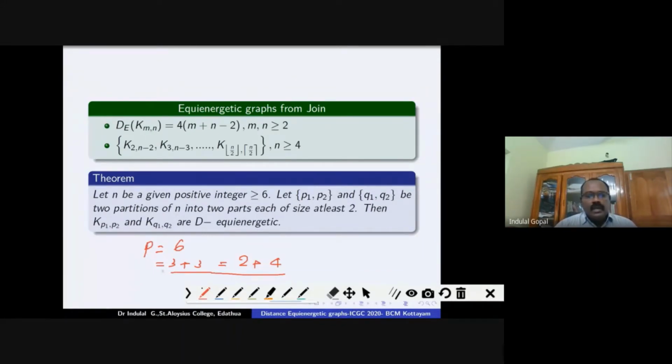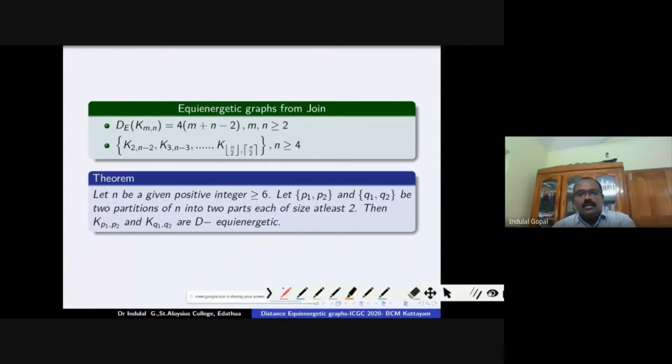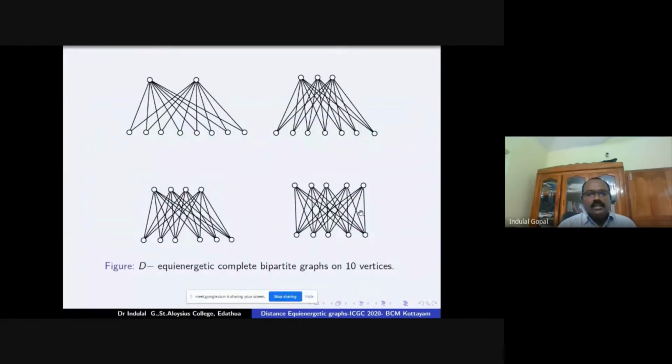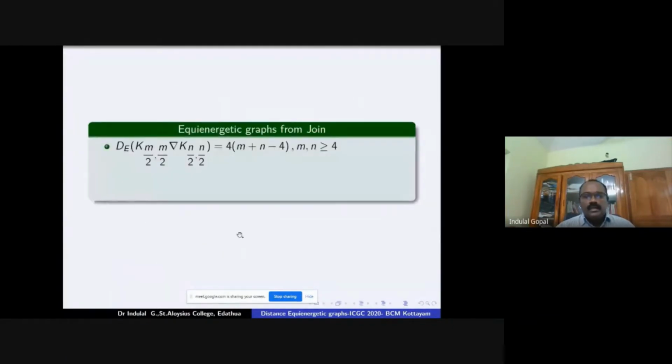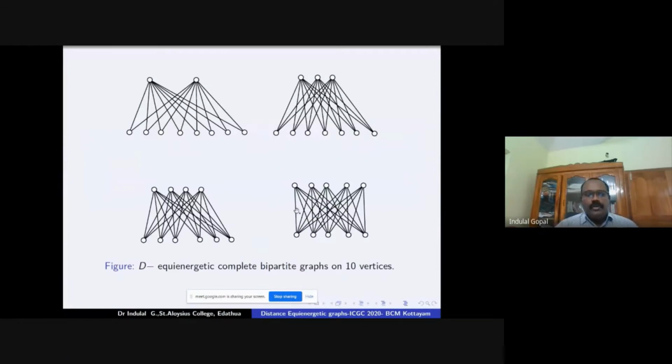So by this result, we have K_{3,3} and K_{2,4} are distance equi-energetic. And this is a set of 4 complete bipartite graphs on 10 vertices: K_{2,8}, K_{3,7}, K_{4,6}, and K_{5,5}.